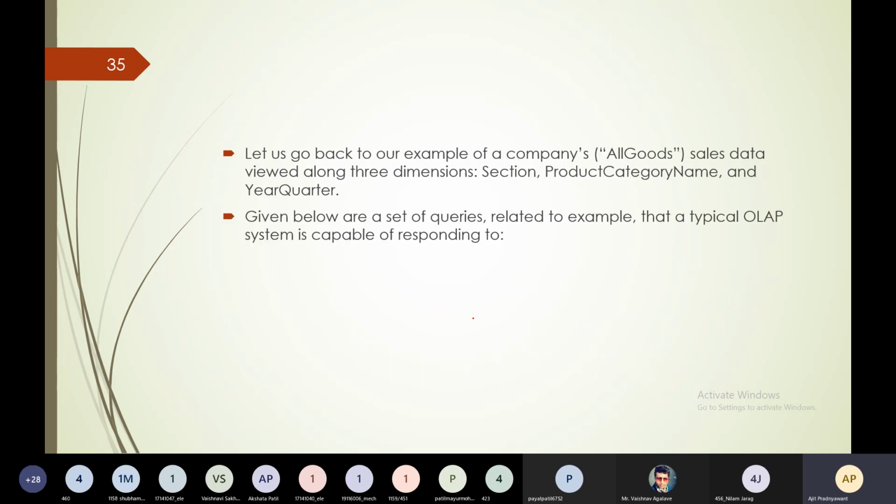Then this is the set of queries related to the example. The queries could be answered like, what will be the future sales trends of accessories in the kids section? Such kind of queries can be handled by this OLAP system, and based on this data and the requirement of the query, you can understand what will be the future sales trend for accessories in the kids section.